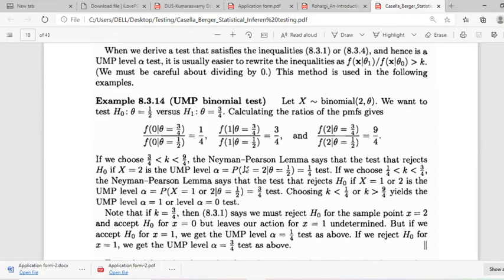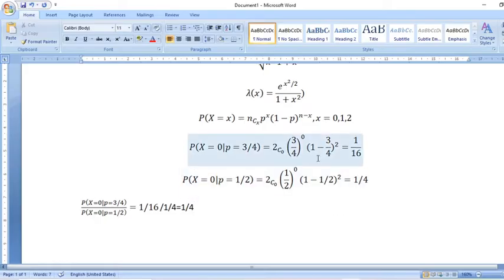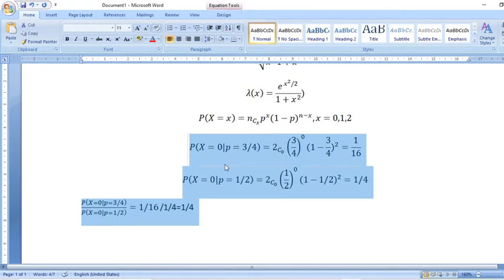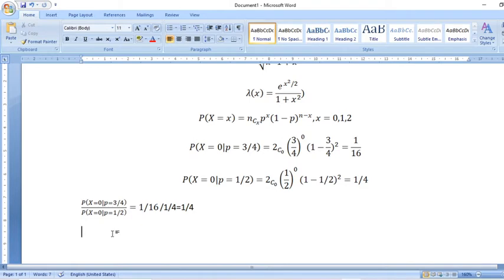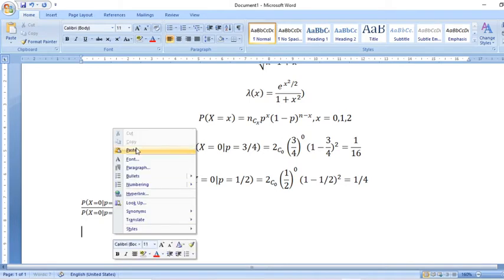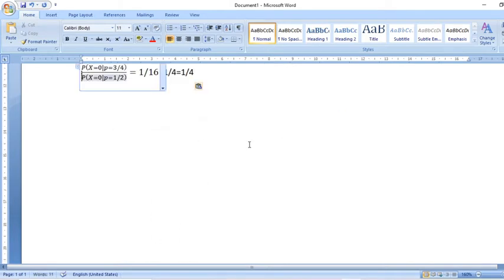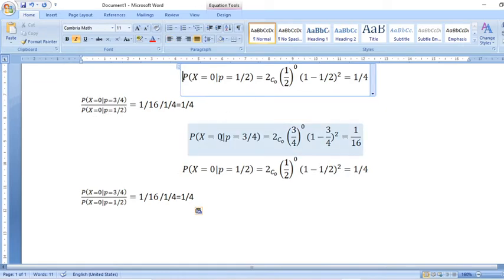Similarly, when x equal to 1, we can modify these equations. So what happens when x equal to 1?